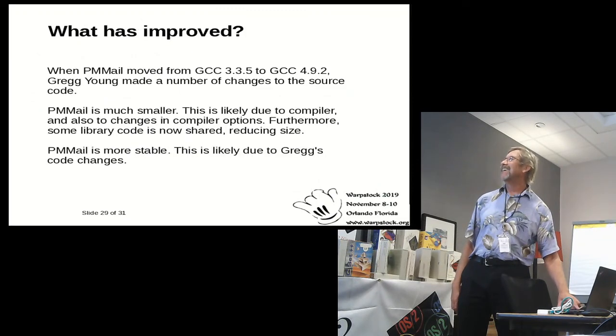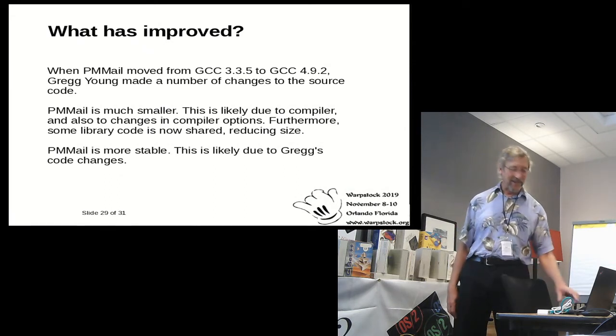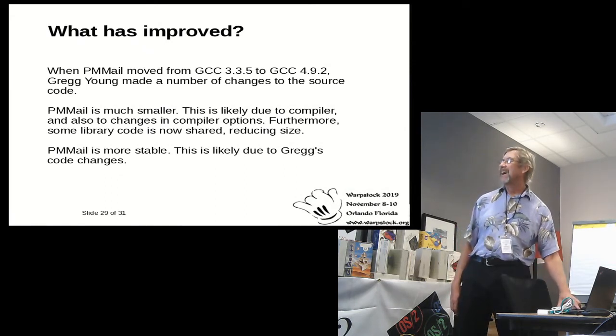As I was saying, when we moved up, Greg made a number of changes, probably just because it's aggravating to have a broken mail program. Now, it's way smaller. Is that because it's built without debug? No, it's because a lot of the libraries that used to be built into it are now external.